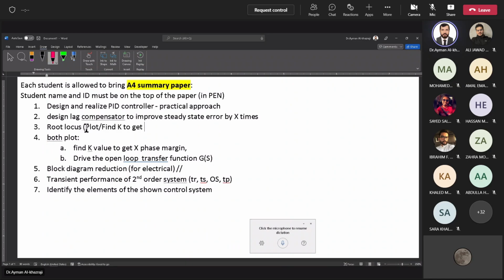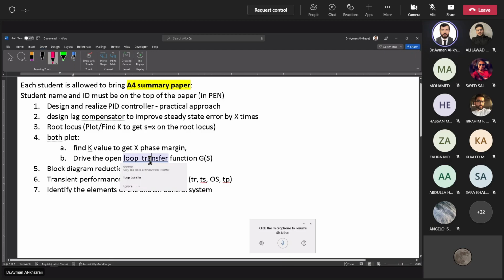For example, what should I put to get s equal X on the root locus? Okay, this is fine.